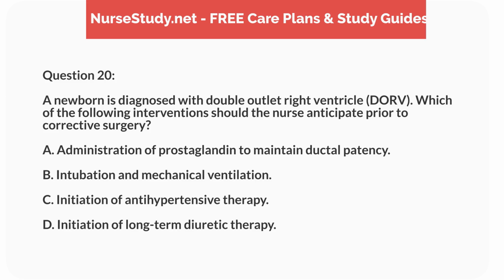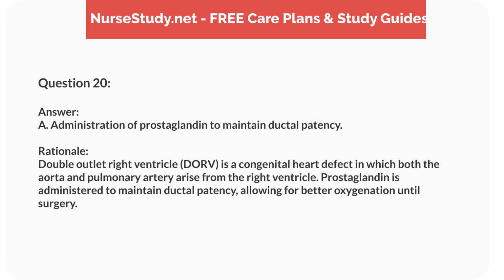D. Initiation of long-term diuretic therapy. Answer: A. Administration of prostaglandin to maintain ductal patency. Rationale: double outlet right ventricle is a congenital heart defect in which both the aorta and pulmonary artery arise from the right ventricle. Prostaglandin is administered to maintain ductal patency, allowing for better oxygenation until surgery.